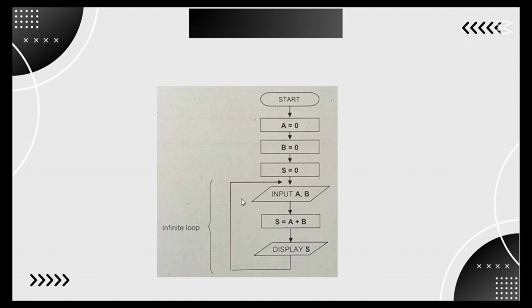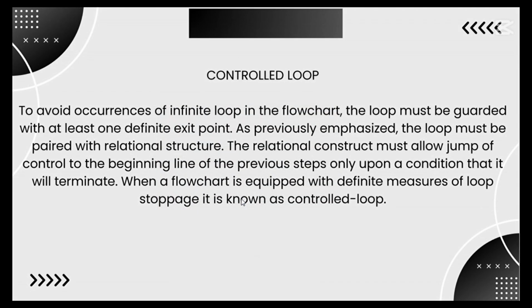It just goes around and around. So controlled loop: to avoid the occurrence of an infinite loop in the flowchart, the loop must be guarded with at least one definite exit point. At least one is needed. As previously emphasized, the loop must be paired with a relational structure.